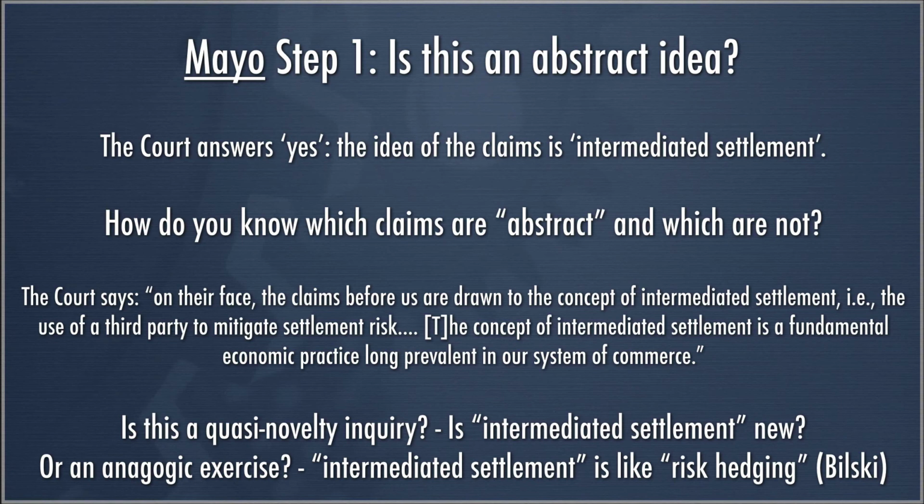Is this more of an analogic exercise where you are looking at the cases that have come before? In particular, they looked at the Bilski case and said this looks a lot like Bilski's risk hedging concept, and so therefore we think intermediated settlement is really also a fundamental economic practice, just like Bilski's risk hedging.